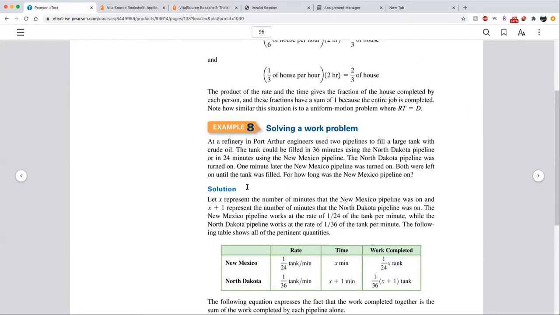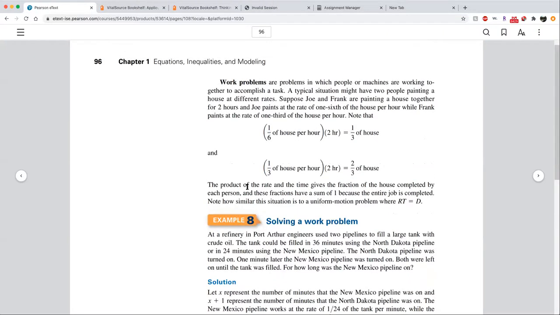First, you need to read this. Work problems are problems in which people or machines are working together to accomplish a task. A typical situation might have two people painting a house at different rates.